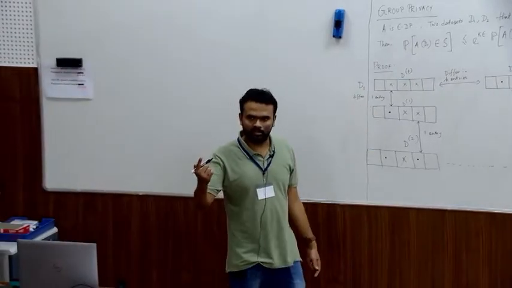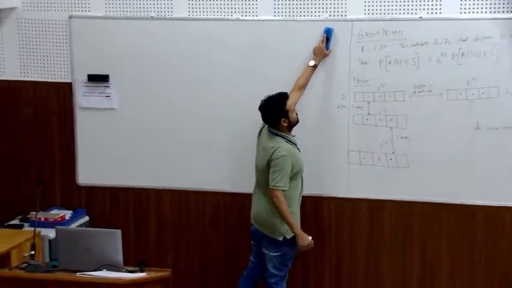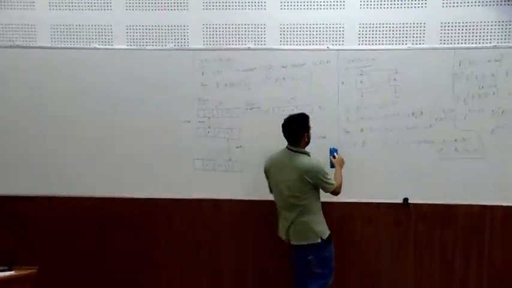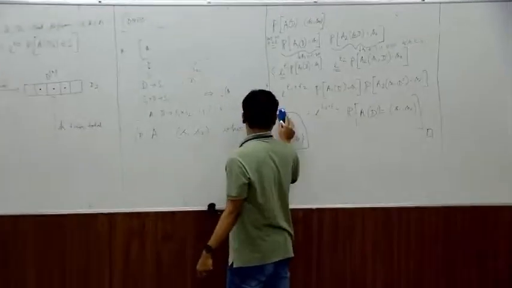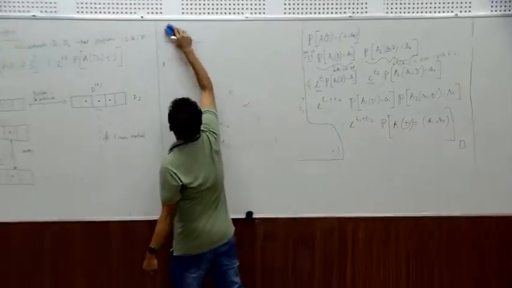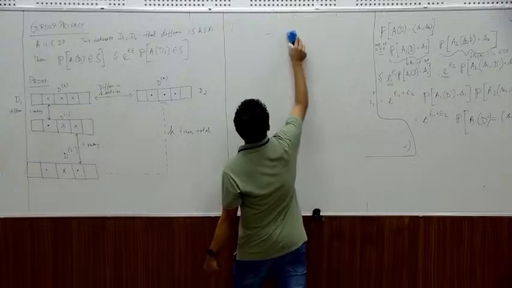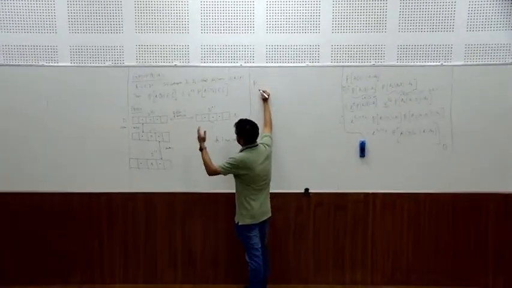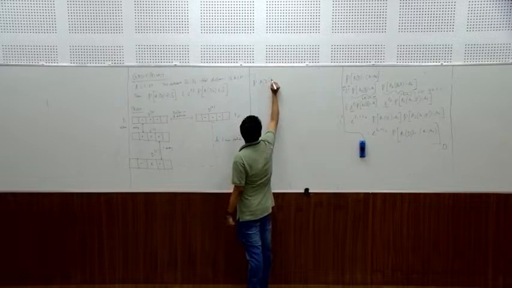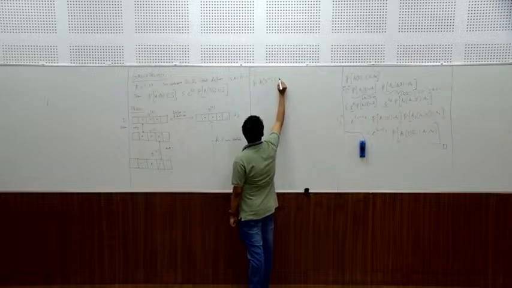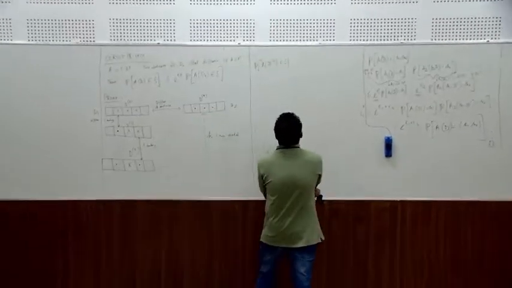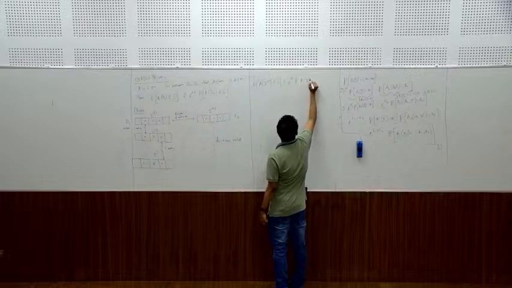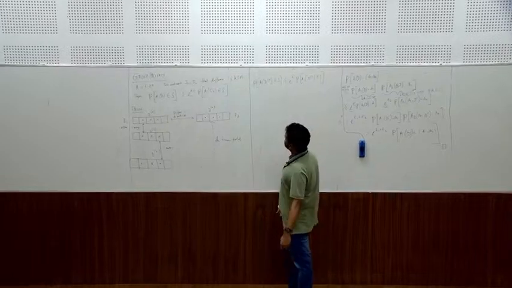Now D0 and D1 differ in only one entry, so we can apply the DP guarantee for that. So I will now write the DP guarantee for D0 and D1: the probability of A(D0) is in S is less than or equal to e to the power epsilon times the probability of A(D1) belongs to S, because they differ in only one entry.